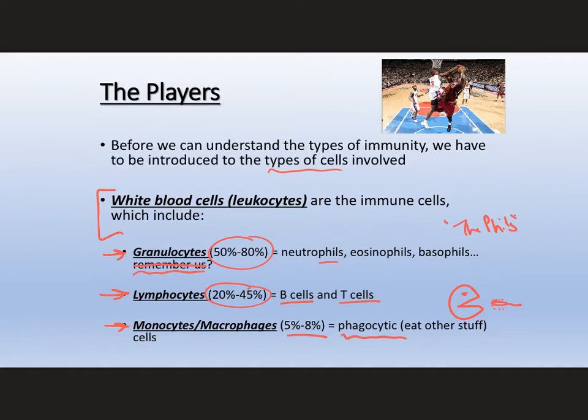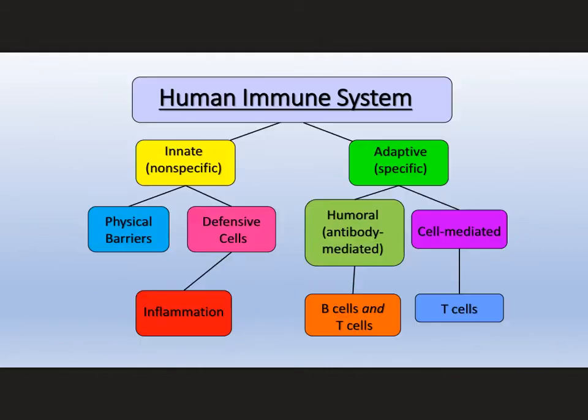This all has to do with where you find it. Monocytes are found in your bloodstream, while macrophages are found out in other tissues. But it's essentially the same cell, just depending on where you're located in the body.